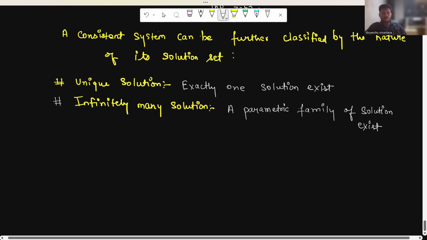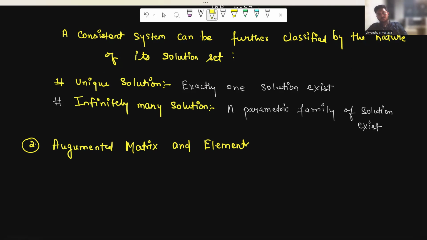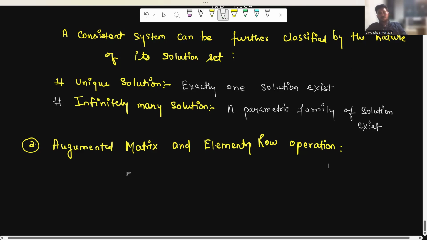Next is augmented matrix and elementary row operation. So here is topic 2, augmented matrix and elementary row operation. First we discuss the augmented matrix.